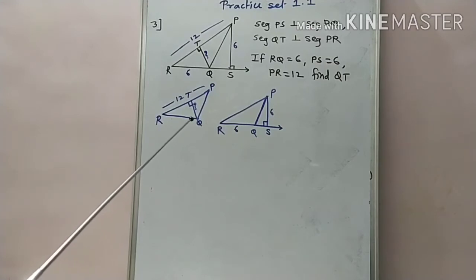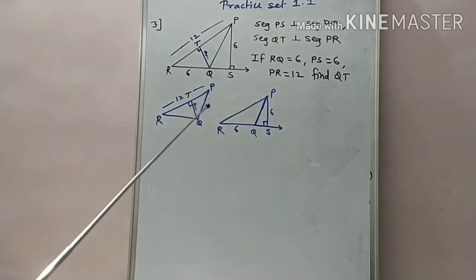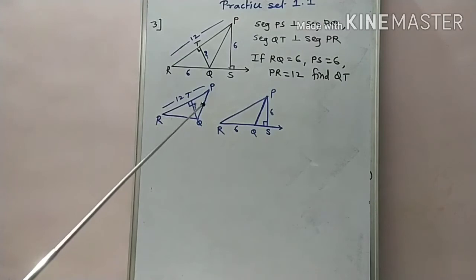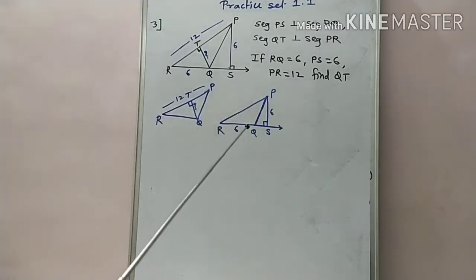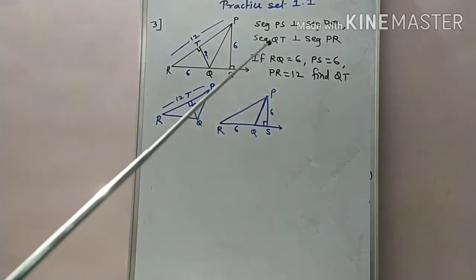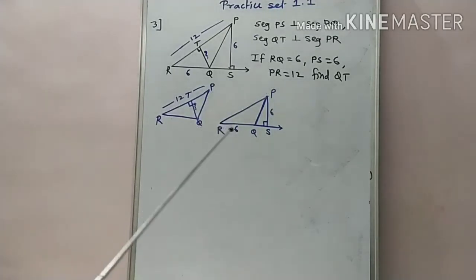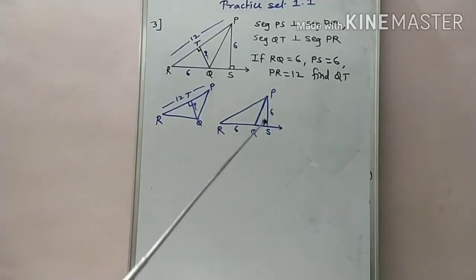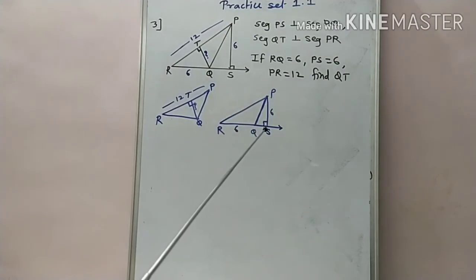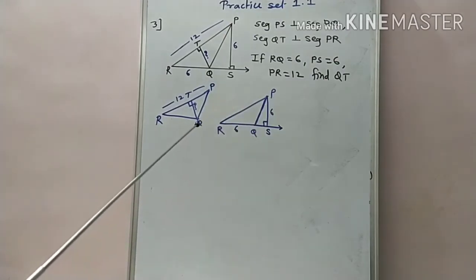So first we find the area of triangle PQR, and for that area we use this figure. Here also we have triangle PQR, and PS is given as perpendicular to RQ. That means PS is the height of triangle PQR, but the base is QR.